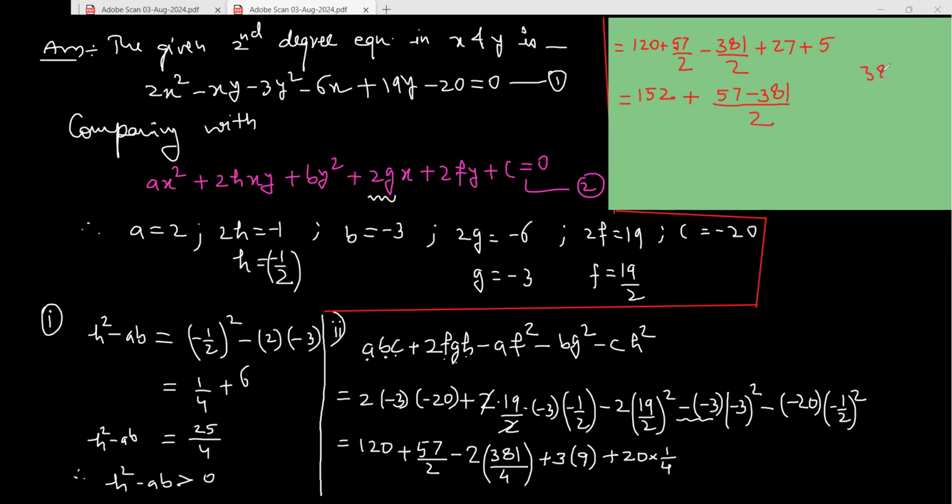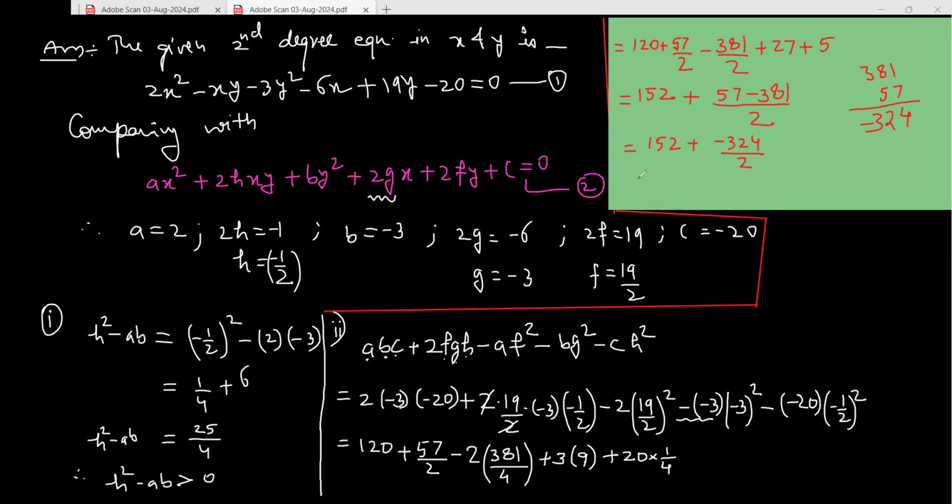So just subtract 57 from 381 and then put the sign of minus because 381 is the bigger number. So what is 11 minus 7? 4. This is 2. So you got 152 plus minus 324 by 2.